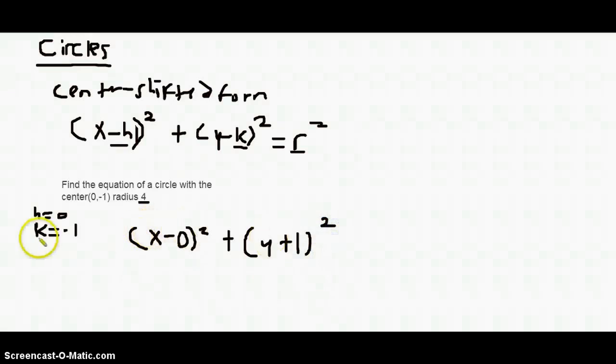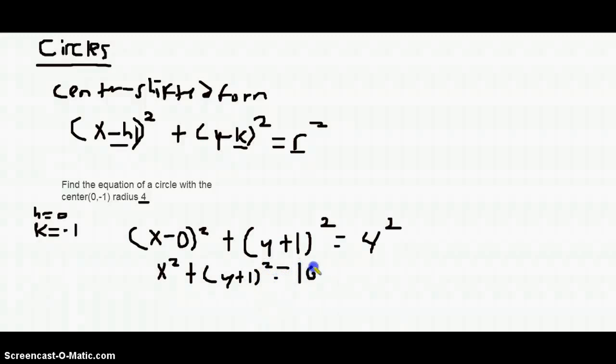Because since we have -1, it would be y minus -1, which gives us y plus 1 because of the double negative, equals the radius squared, which is 4 squared. In other words, it would be x squared plus (y plus 1) squared equals 16.